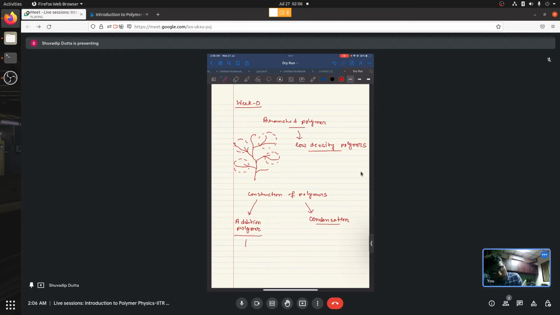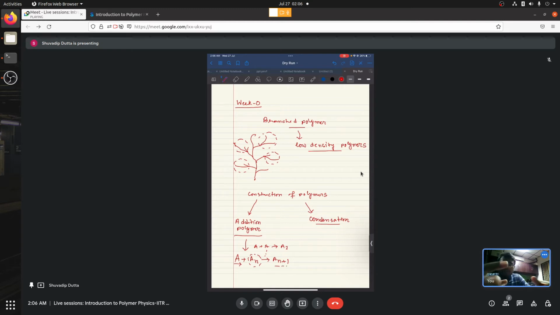So in addition polymers, what happens, you have a monomer which is say A, it will attach to an A_N and it will create an A_(N+1). So the starting step will always be two monomers attaching, giving A2, and then at some point there will be a large assembly of N monomers, the A_N here, and then again one A will join to that and it will form A_(N+1).